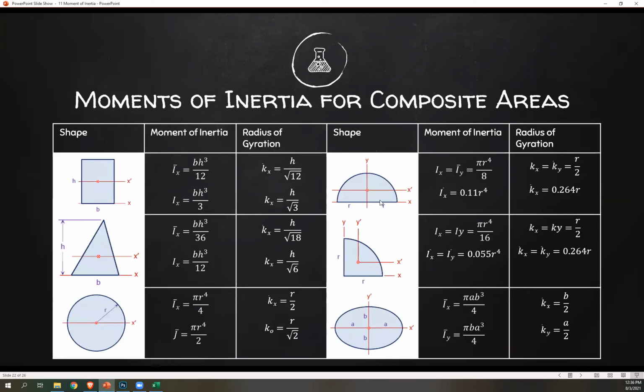Semicircle. We're looking for the moment of inertia about the centroidal x-axis, so that's Ix bar. This is your Ix bar, so that's 0.11 r raised to 4. Here at the top, that's just Ix, x being the base or the diameter of your semicircle, and Iy bar. So we're looking for Ix bar. So once again, 0.11 r raised to 4.